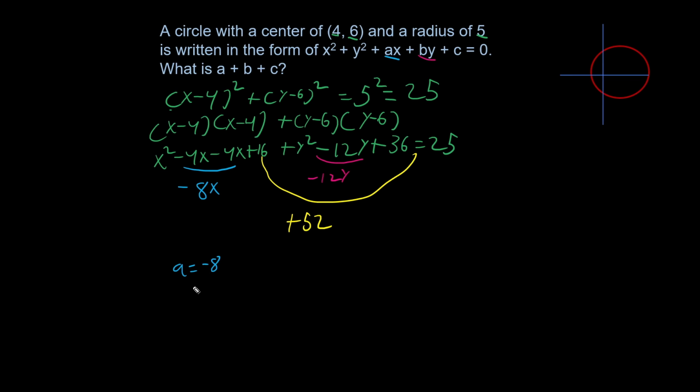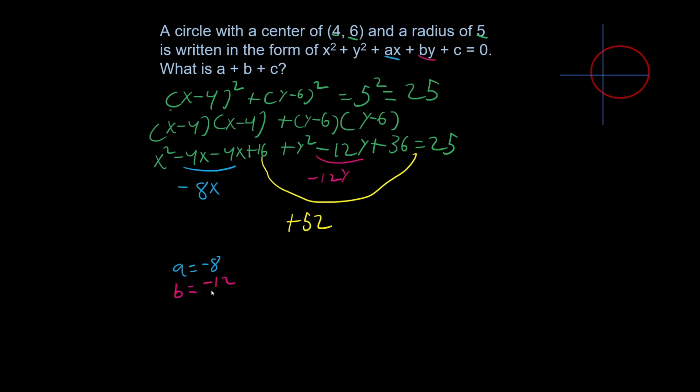So we have a equals negative 8. And then we're going to have b equals negative 12. And now what is c going to be? C is not going to be positive 52, even though that's tempting, because we still have that equals 25, and we want it to equal 0.